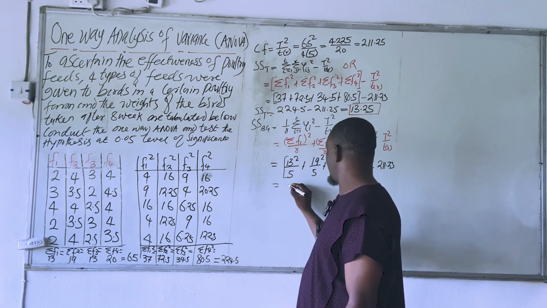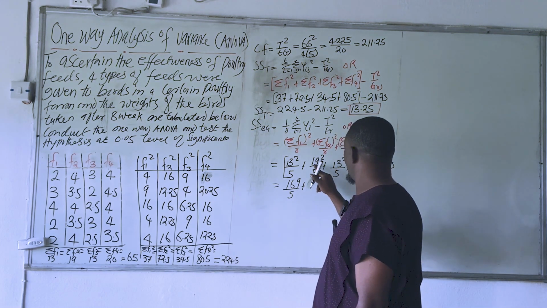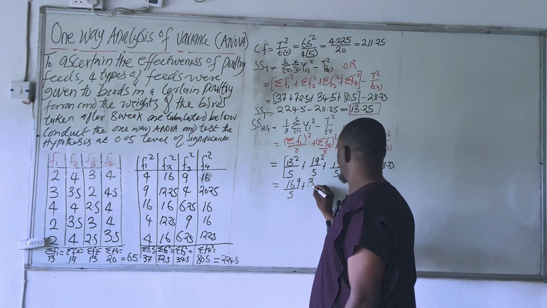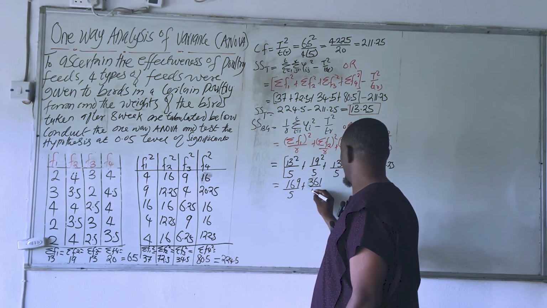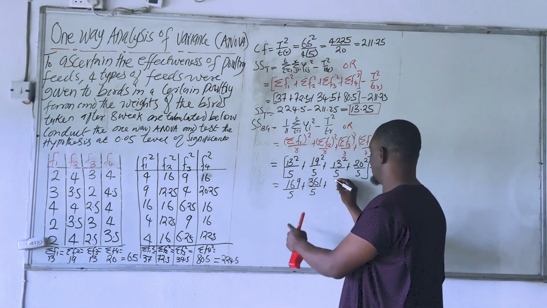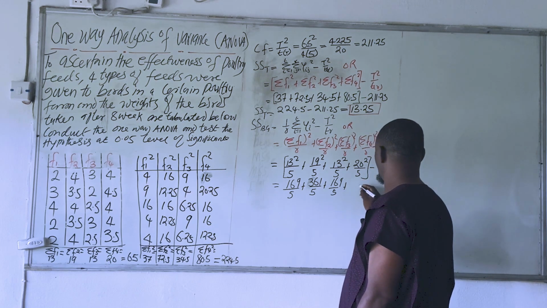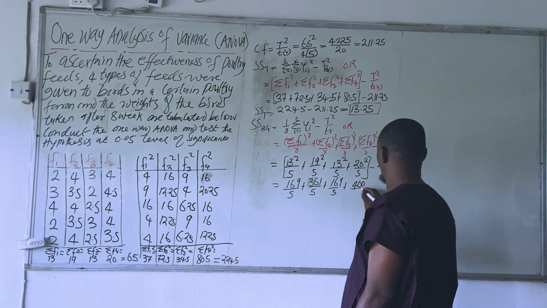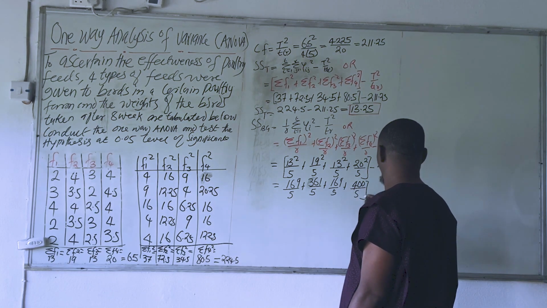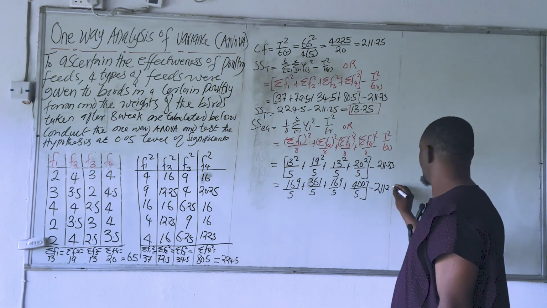And so we are going to take the square of 13. So 13 square is 169 all over 5. Again, we are going to take the square of 19, so it will be 361 all over 5, plus the square of 13 again, we already have that here, 169 all over 5, plus 20 square will be 400 all over 5. All of that minus our correction factor, which is 211.25.